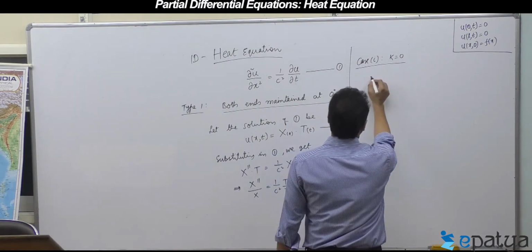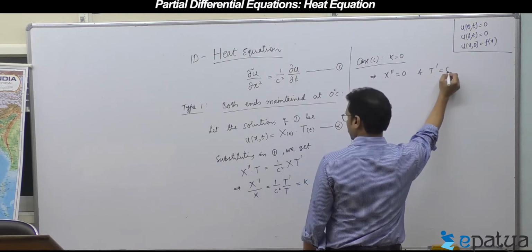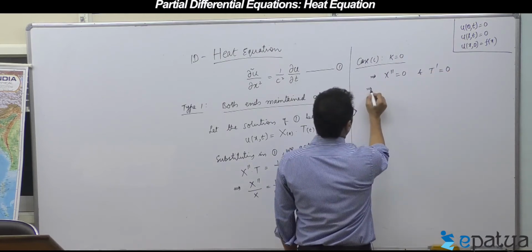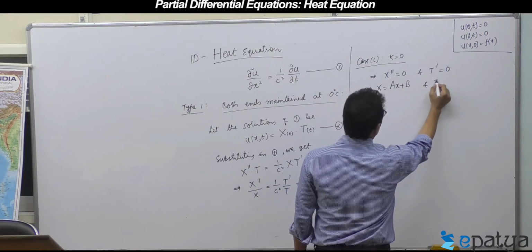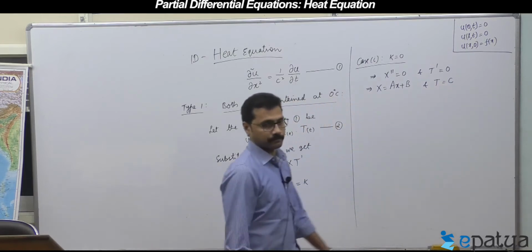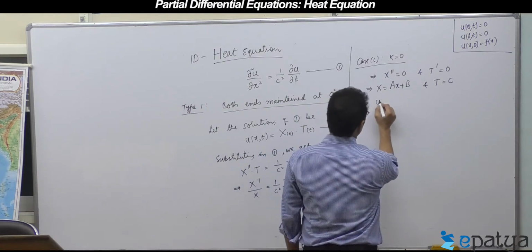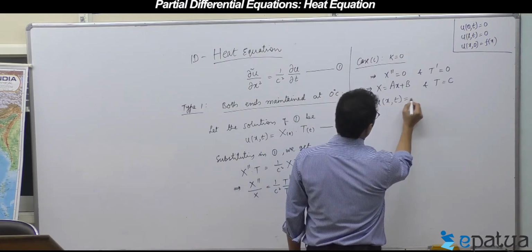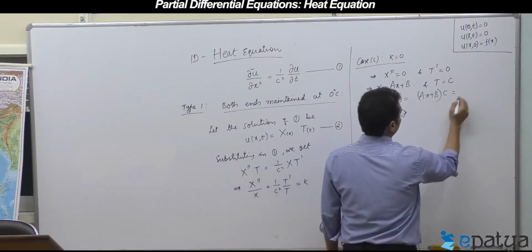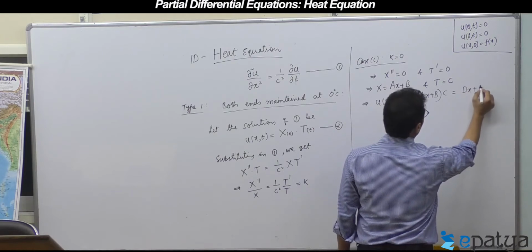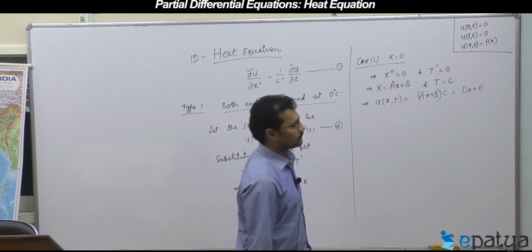This implies X double dash equal to 0 and T dash also equal to 0, which implies X equal to ax plus b and capital T equal to c, where a, b, c are arbitrary constants. This implies u of x comma t equal to (ax plus b) into c, which is dx plus e, where ac equal to d, bc equal to e.